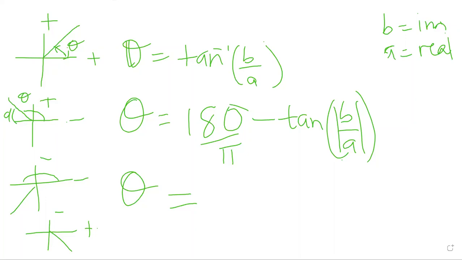So 180 degrees is equal to pi radians. You can either use 180 degrees or you can use pi. If you are working in degrees, you use 180. If you are working in radians, you use pi.